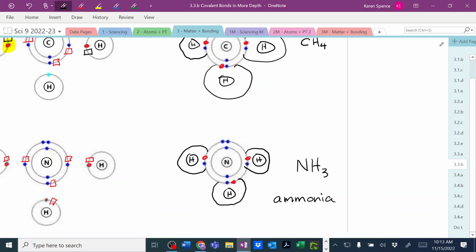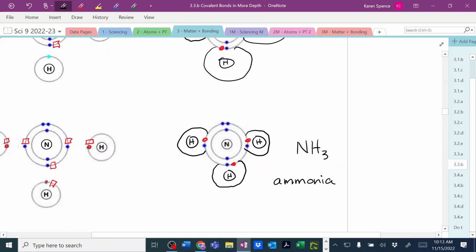So if you've ever used Windex, it's in Windex. Ammonia is not the same as pneumonia. Pneumonia is a disease. Okay, different things entirely.